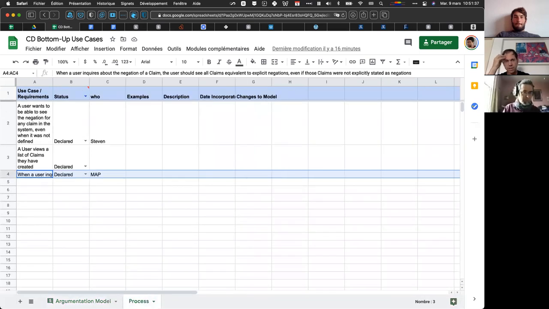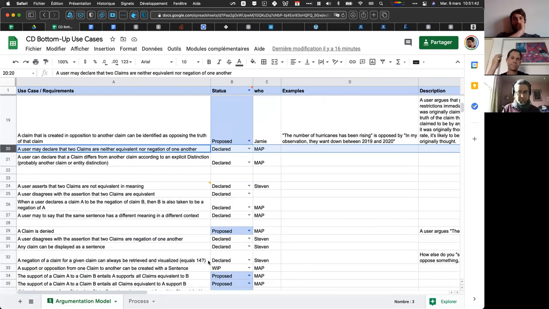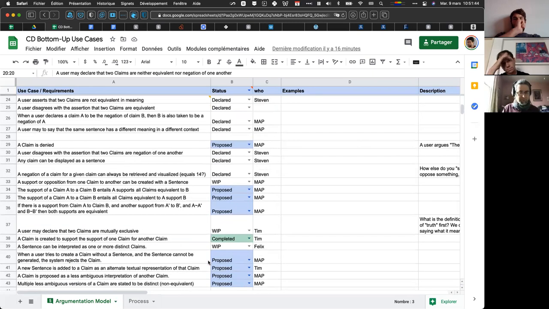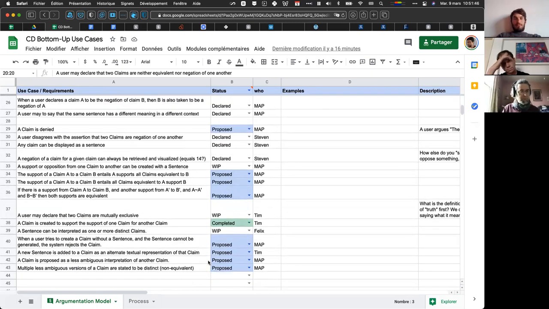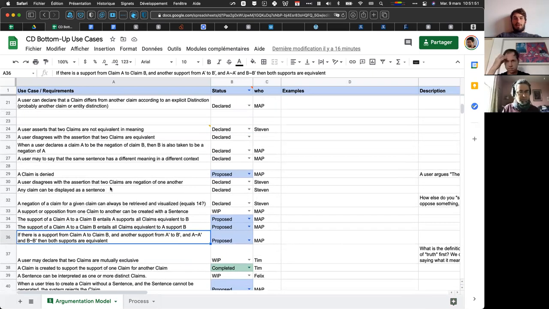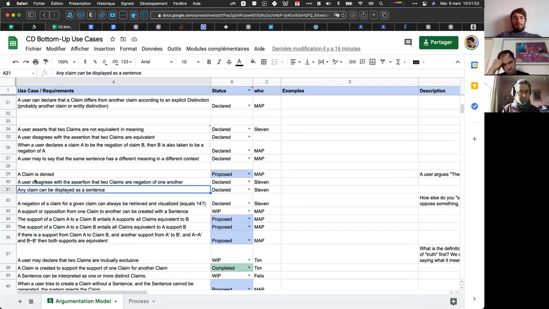But to simplify, it would be that, well, so Tim, for you, it's clear that the absence of an edge means non-equivalence? Yes.